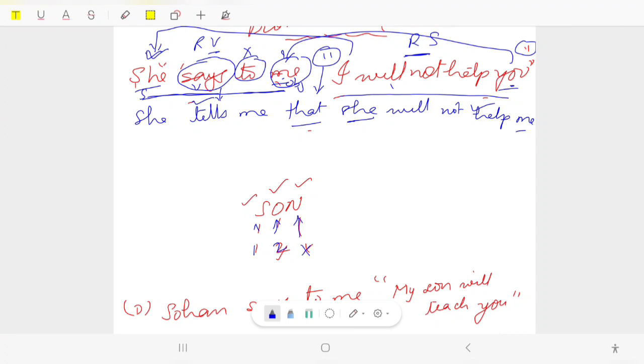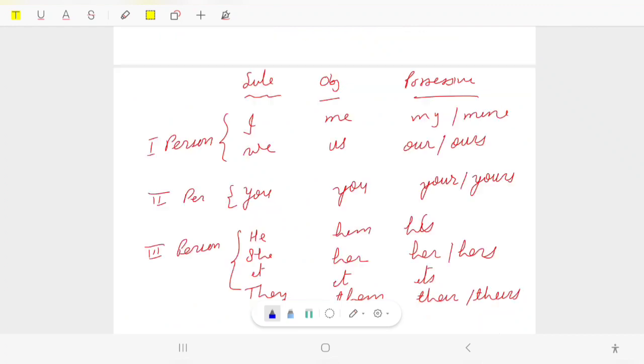Let's see which are the three persons of pronouns. First person means I, we. Second person means you. Third person means he, she, it, they, or any name which is mentioned in RS.